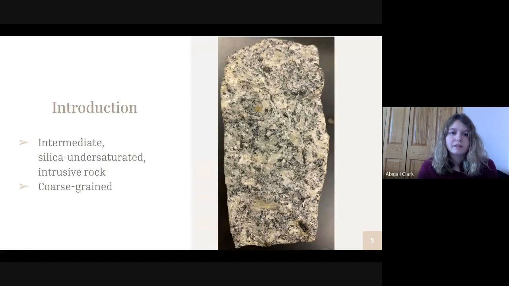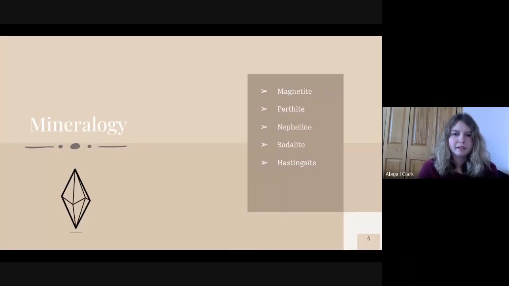A Nepheline-Sodalite syenite is an intermediate silica undersaturated intrusive rock, and they can be medium to coarse grained, and in my case, this rock was coarse grained. Some of the basic mineralogy that we have: there are magnetite crystals, perthite, and perthite is feldspar, but it's feldspar with exsolution lamellae and/or intergrowth of a second feldspar crystal.